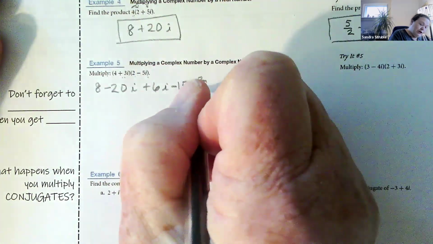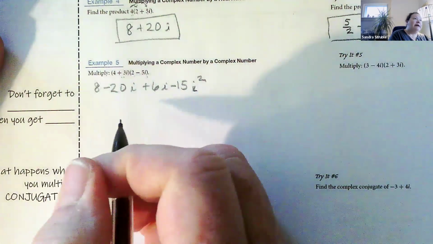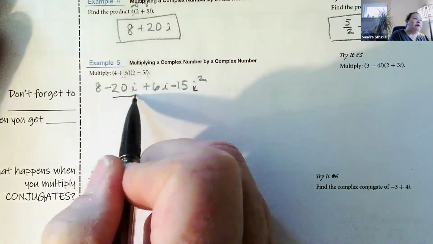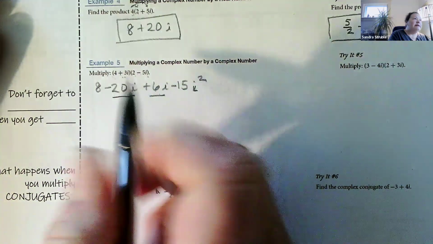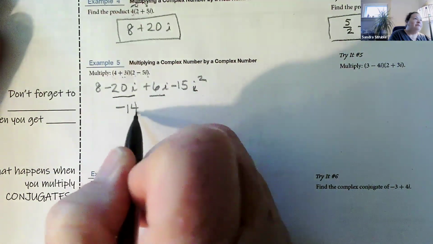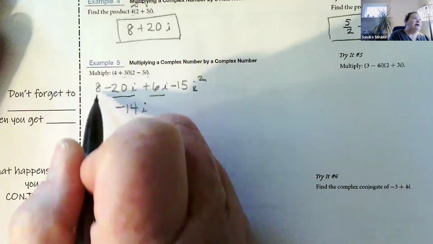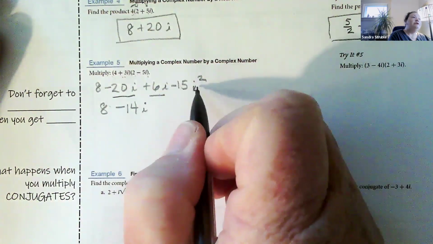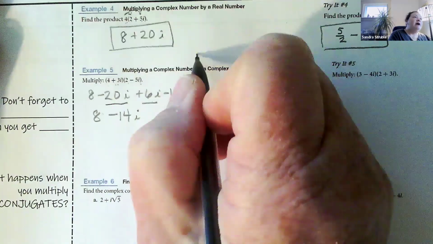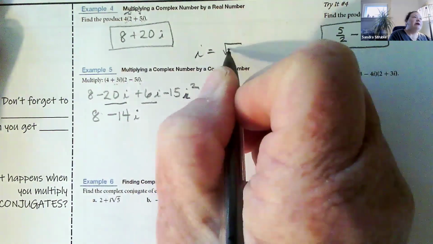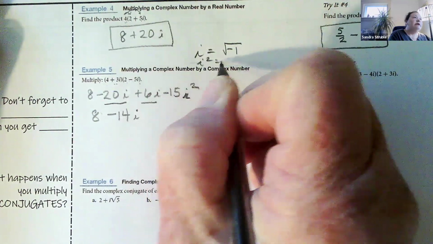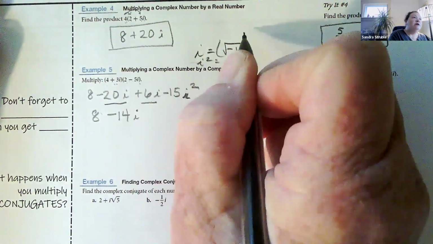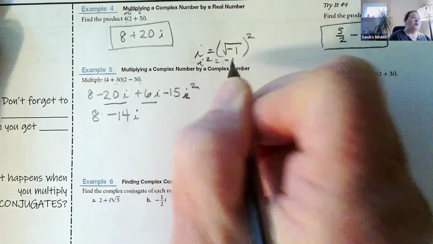Okay, so I can combine the negative 20i and the 6i. Negative 20 plus 6 is negative 14i. And then I've got the 8. I'm going to go ahead and bring that down. What you need to understand is if i equals the square root of negative 1, then i squared is the square root of negative 1 squared, which is negative 1.